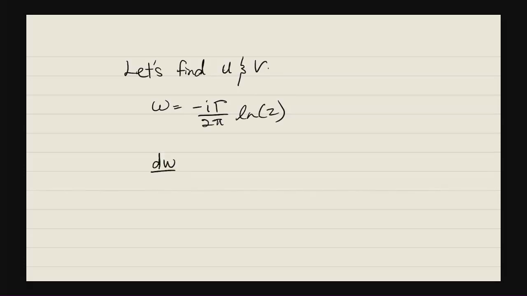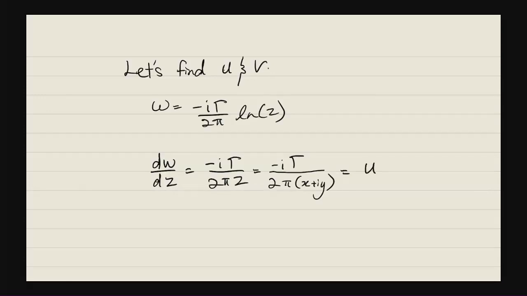So dw/dz is going to give me negative i gamma over 2 pi z. And I'm just going to rewrite z as x plus iy, so 2 pi times x plus iy. And hopefully you remember that that's just going to give me my velocity u minus iv.